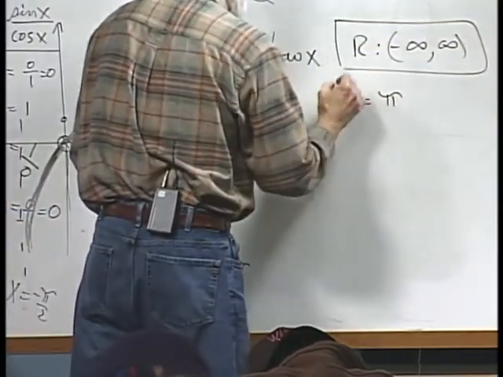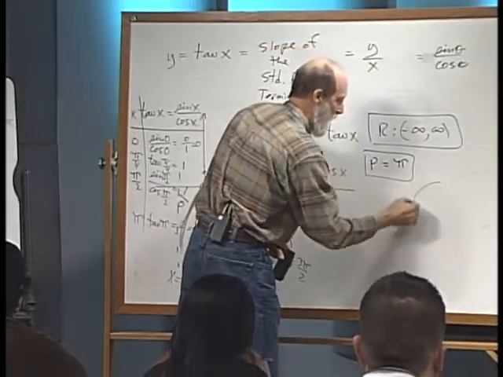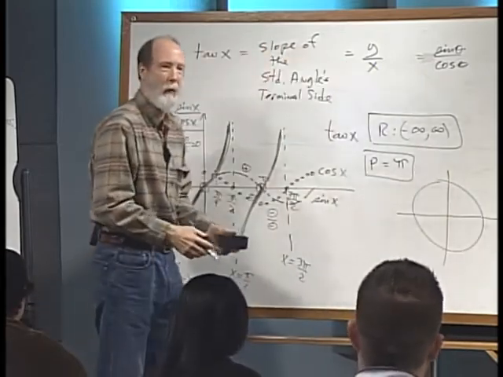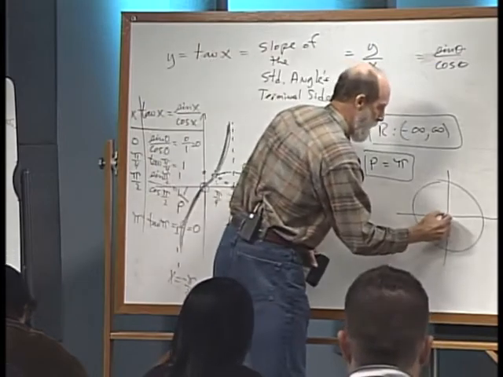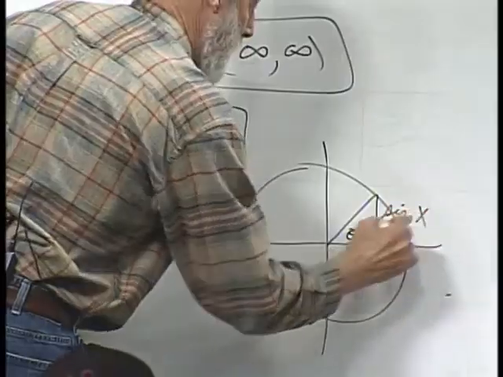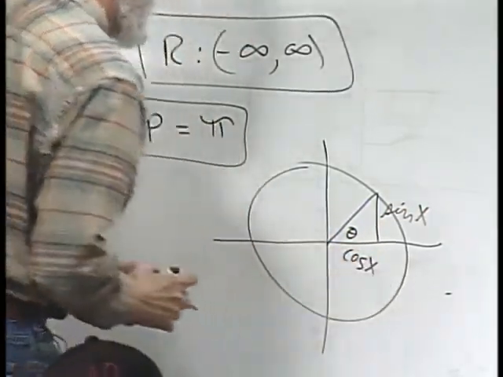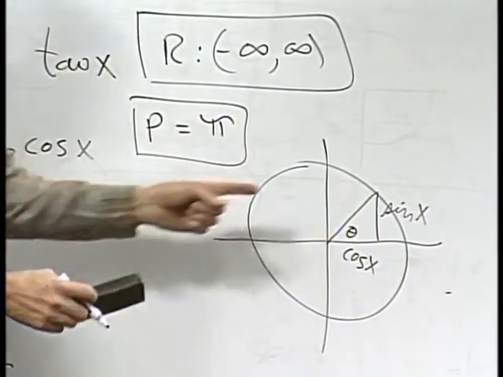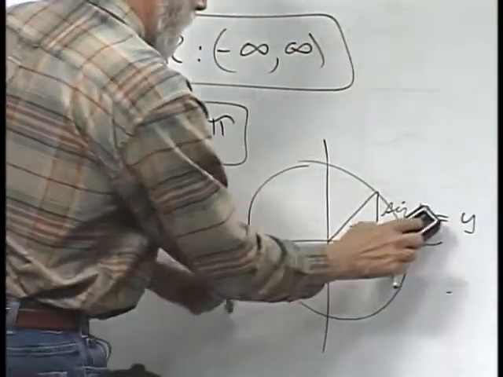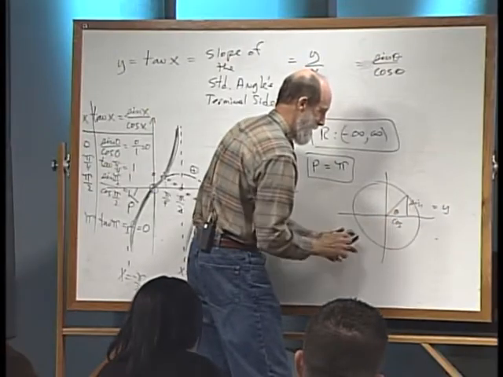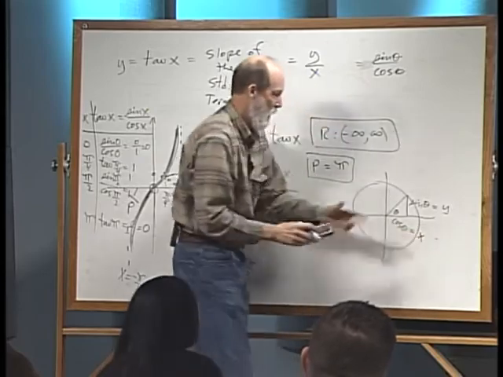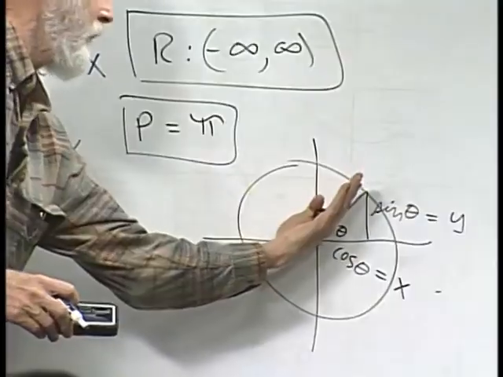We have a range, we have a period, and now let's connect the thinking to the unit circle, where here's our angle, here's our sine reading, here's our cosine reading. You can see that the rise over the run, the y over x, is the slope of that terminal side.